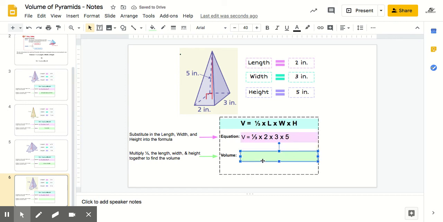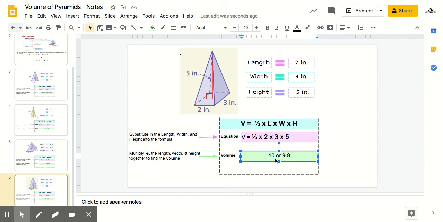In order to find the volume, I simply need to multiply 1/3 times 2 times 3 times 5. If you plugged in the actual fraction, you should have gotten 10. If you plugged in the decimal, as in 0.33, you would have gotten 9.9, which is very close to 10, so you would have been given full credit as well.